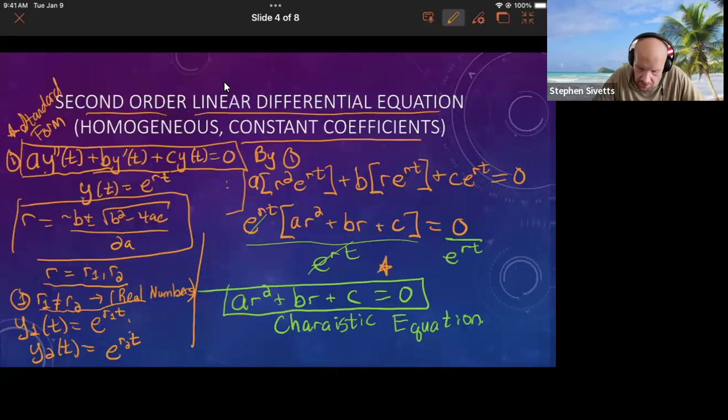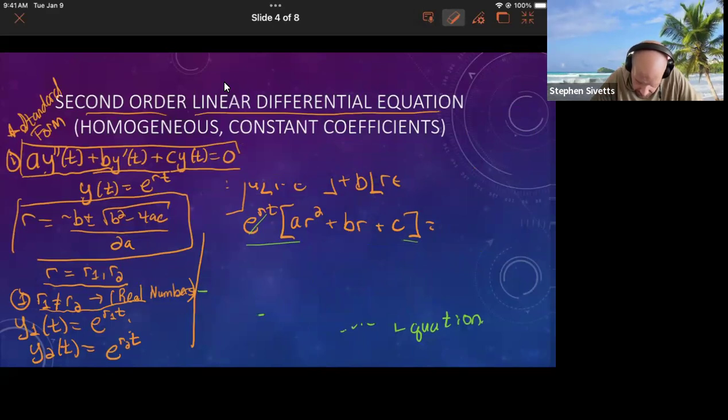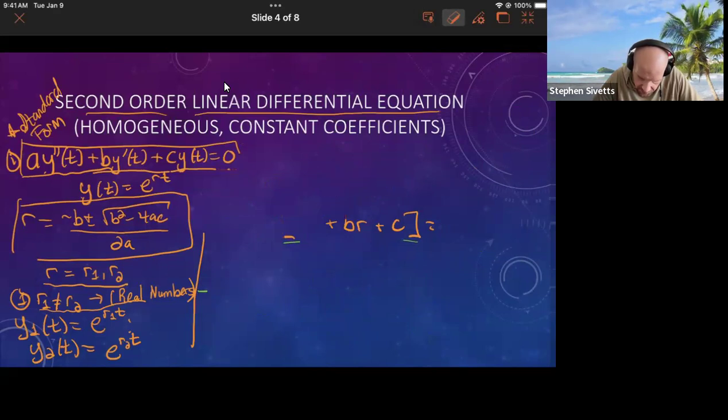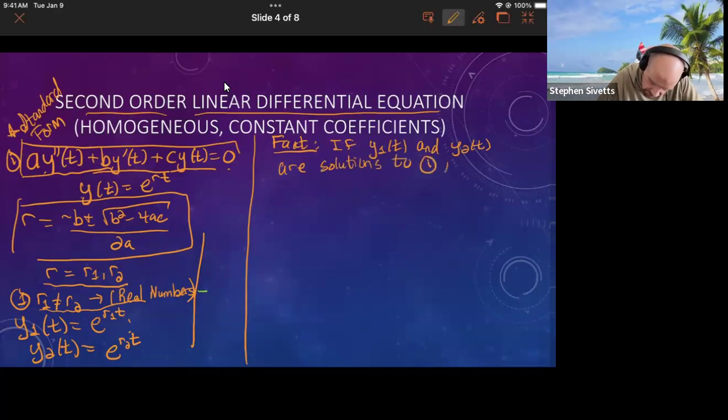I'm going to mention this important fact in the next slide. If you have two separate solutions for a differential equation, then their sum is also a solution. So here's a fact to remember: if y1 of t and y2 of t are solutions to the differential equation, then their sum, c1 times y1 of t plus c2 times y2 of t, is also a solution to the differential equation.